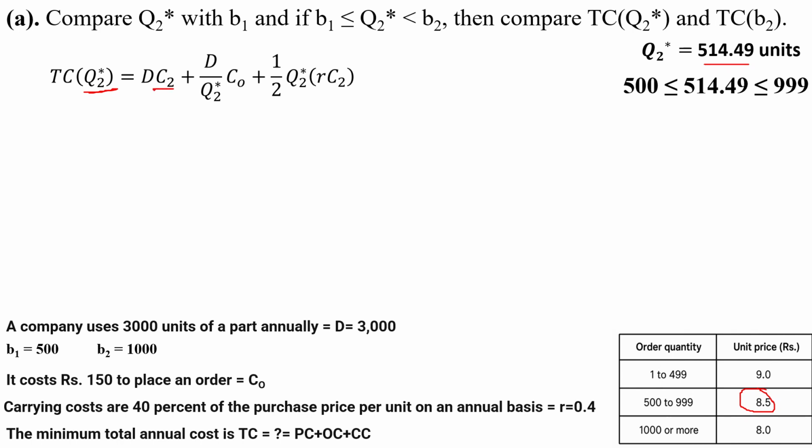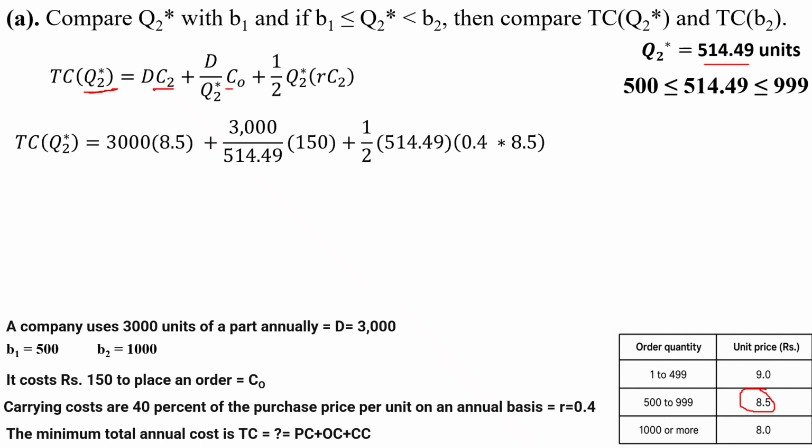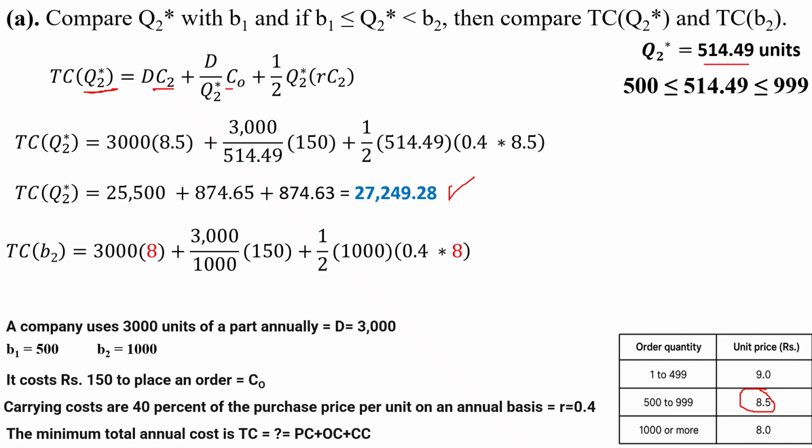The ordering cost is the number of orders, D divided by Q2 star, into the ordering cost, plus the carrying cost, 1 by 2 into Q2 star into R C2. Then the total cost for the Q2 star quantity equals 3000 into 8.5 plus 3000 divided by 514.49 into 150 plus 1 by 2 into 514.49 into 0.4 into 8.5, which equals 27,249.28.